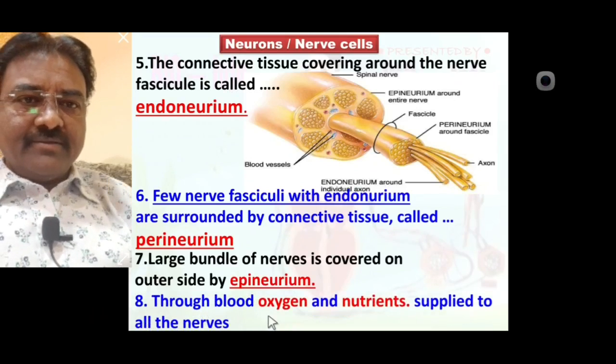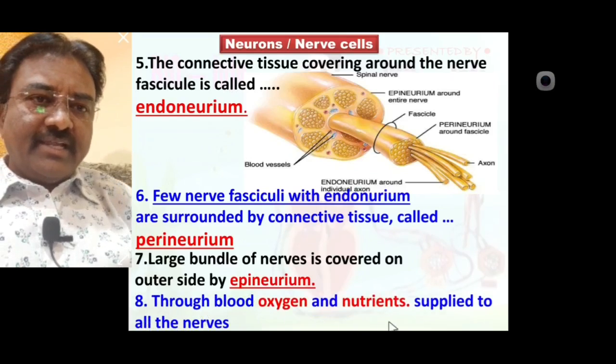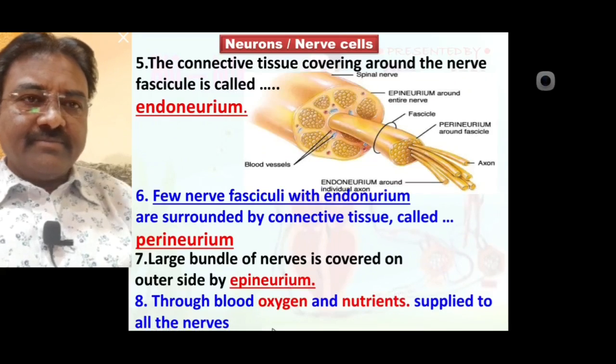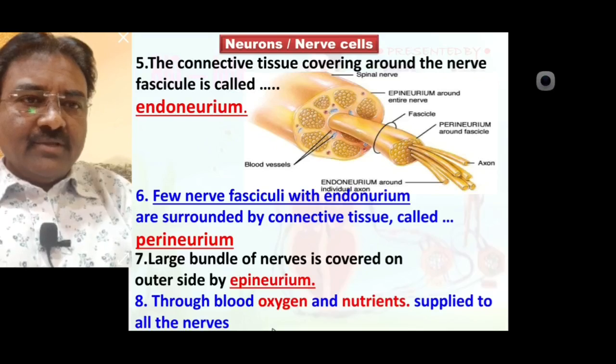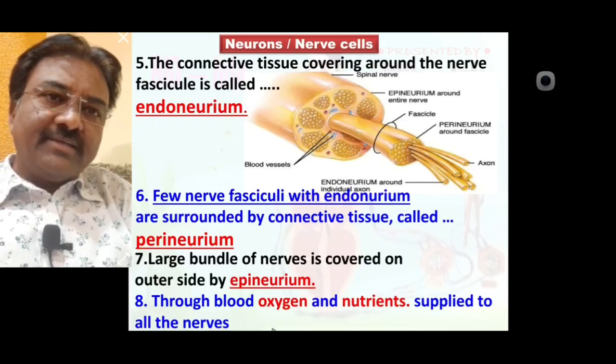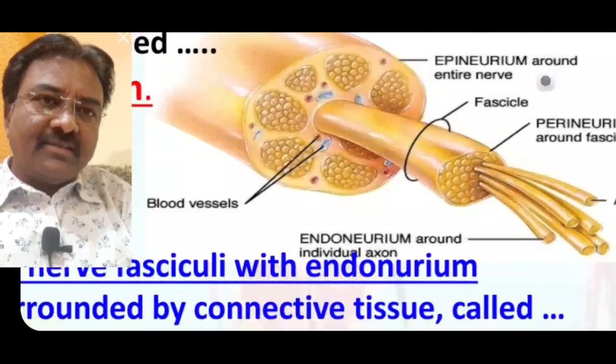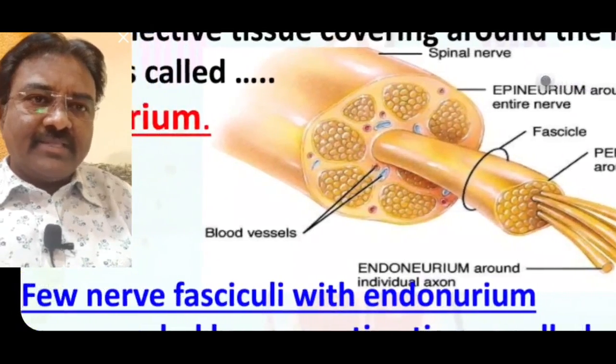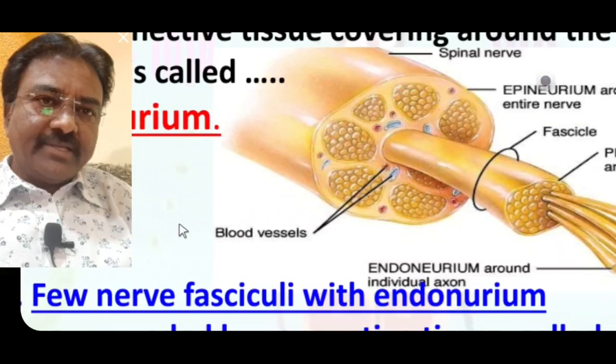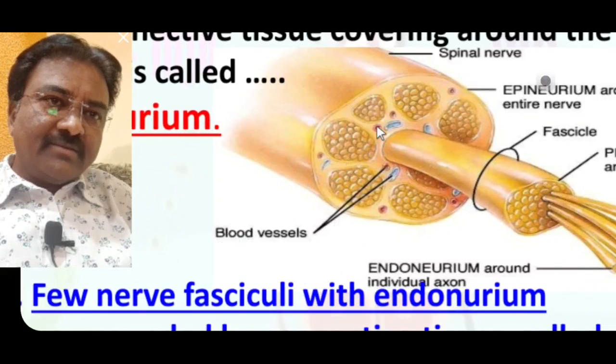Through blood, oxygen and nutrients are supplied to all nerves. Means through blood, oxygen and nutrients are supplied to all nerves. Here are noted blood vessels. So these are the blood vessels.